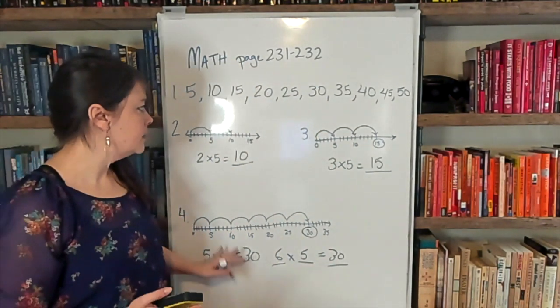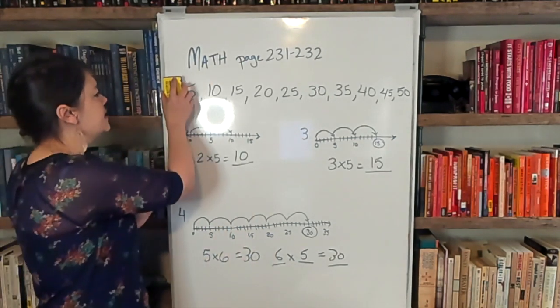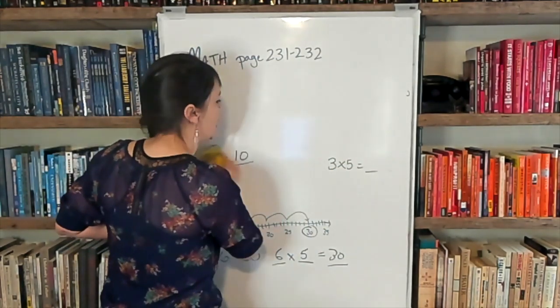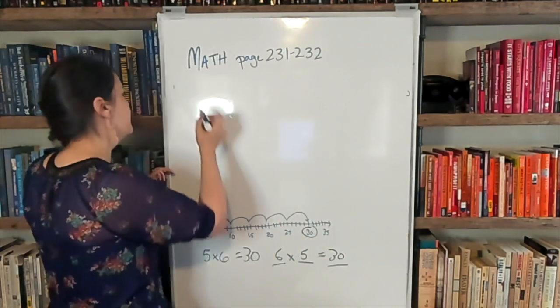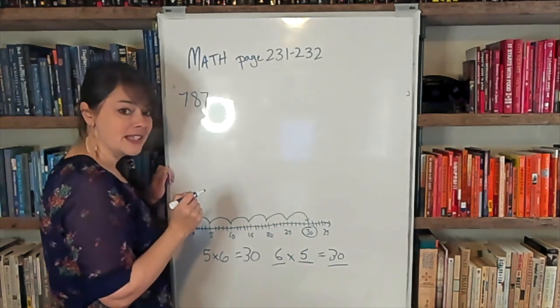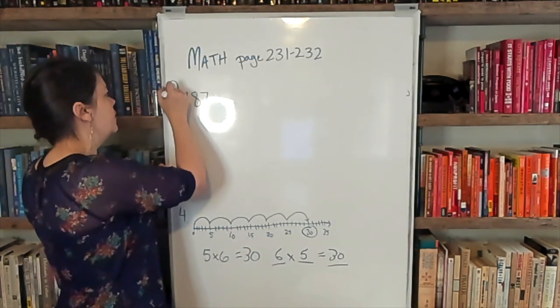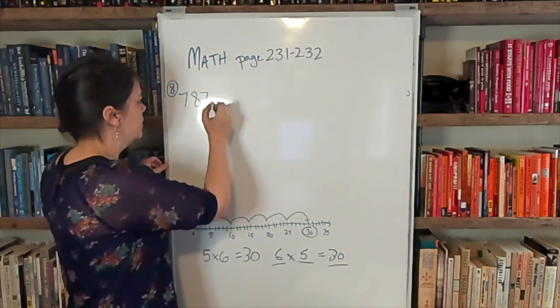There's just more practice of it, and then on the back, again, more practice. And then one thing I wanted to review with you for the review time: they are asking you to write an expanded form. So let's just do a quick reminder. What is expanded form? This is number 8 on the back of your worksheet. Expanded form is like taking the numbers apart.